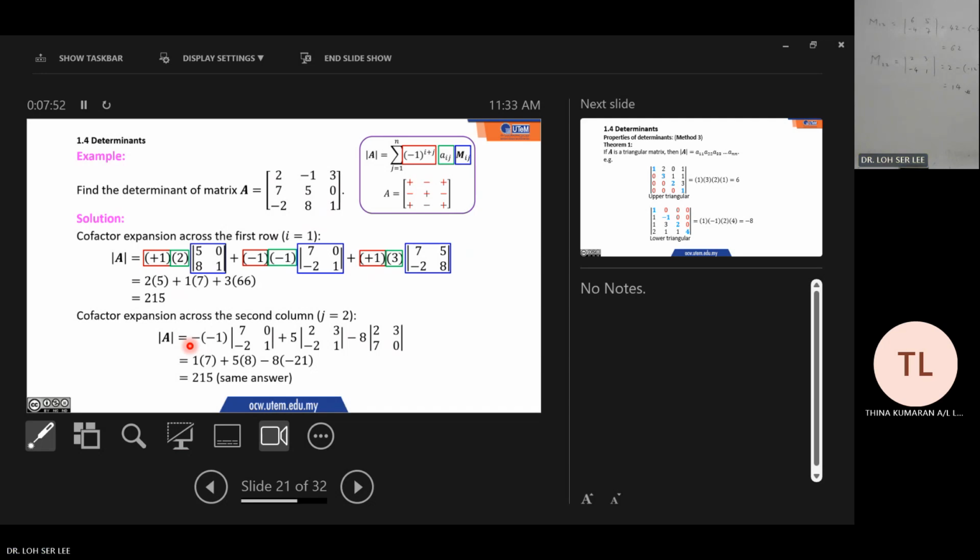Row 3. Why row 3? It means I would choose either second row or third column. You see why now? When you have a 0 entry, you don't have to calculate for this. So we will tend to choose the row or column that contains zeros.